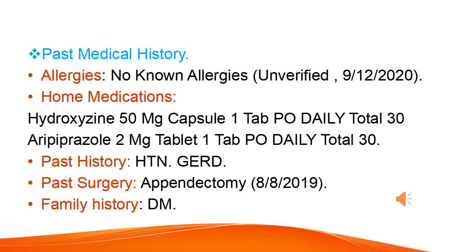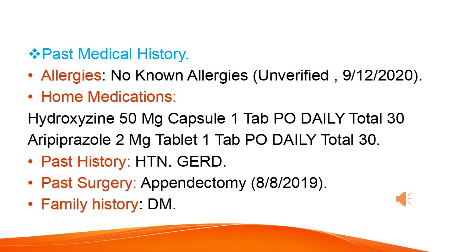Past medical history. Allergies, no known allergies, unverified, September 12, 2020. Home medications: Hydroxyzine 50 mg capsule, 1 tab PO daily, total 30. Aripiprazole 2 mg tablet, 1 tab PO daily, total 30. Past history, HTN, GERD.